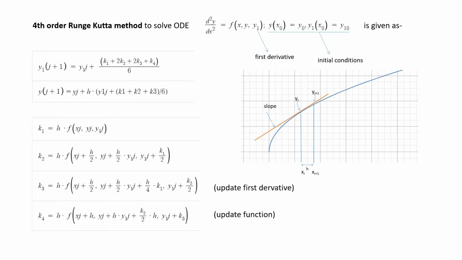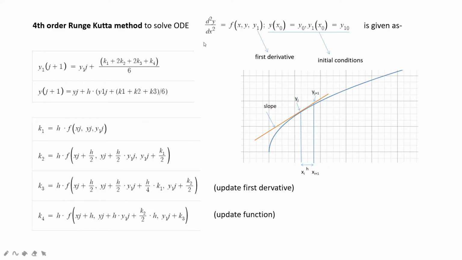So the fourth order Runge-Kutta method to solve an ODE, d2y by dx square is equal to f of x comma y comma y1, is as follows. Here the ODE is of this kind.